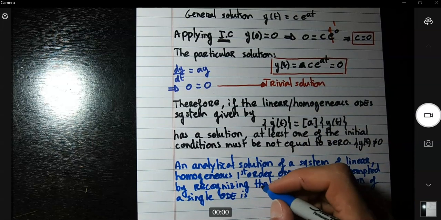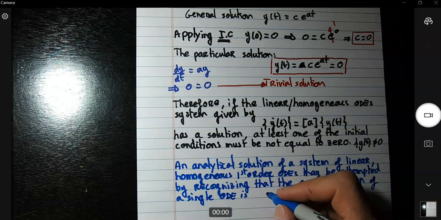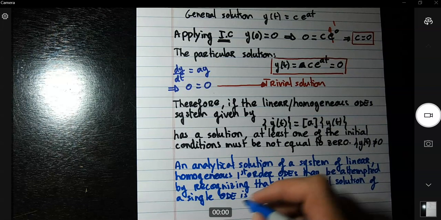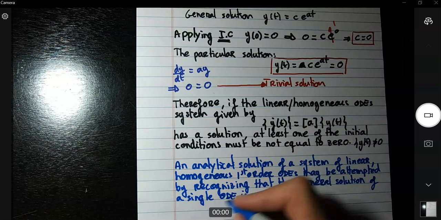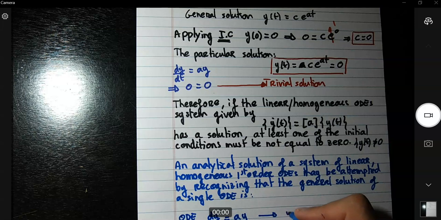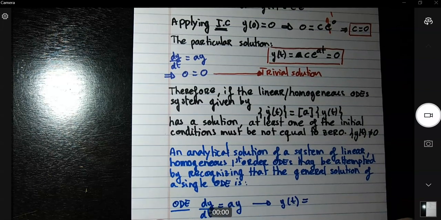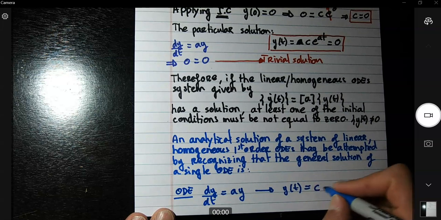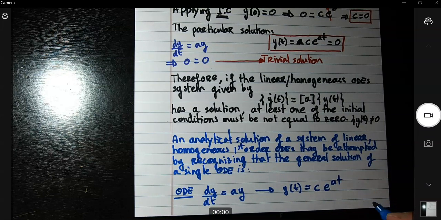So what was the solution? For example, we have the ODE dy dt equal a of y. We found out that the general solution y of t was of the form c exponential a of t. So it would be logical now to say, okay, this is the solution of one of them, this might also be the solution of all of them, or at least the solution to all of them will also be of this form.